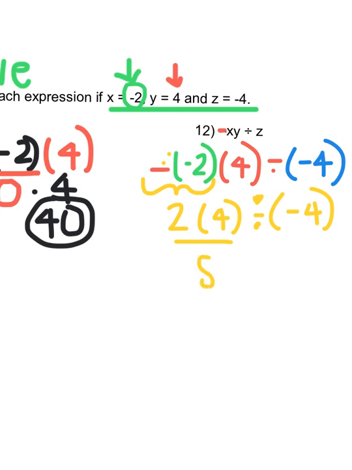So 2 times 4 is 8. And finally, 8 divided by -4. 8 divided by 4 is 2. And with multiplication and division, if the signs are different, then the answer is negative. So our solution is -2.